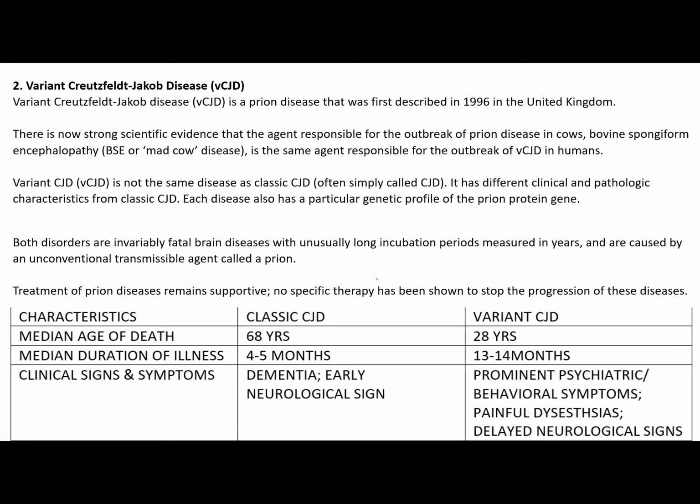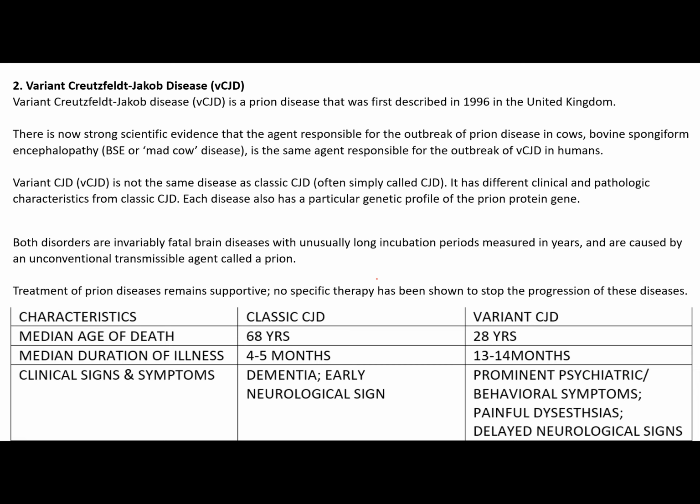Now, vCJD, class, is not the same as your classic CJD. It has different clinical and pathological characteristics. Each disease has a particular genetic profile of the prion protein gene. So in the bottom part, class, makakita kayo ng table dyan showing the difference between classic and variant CJD.